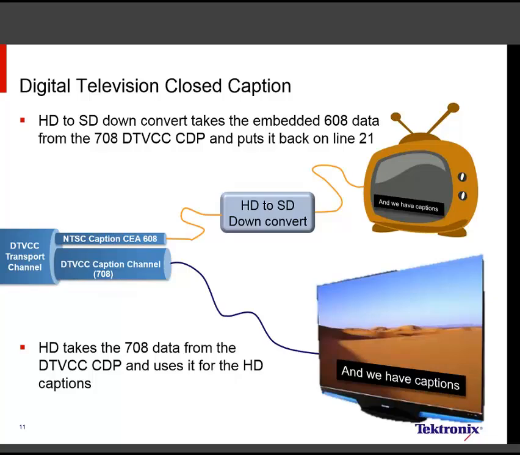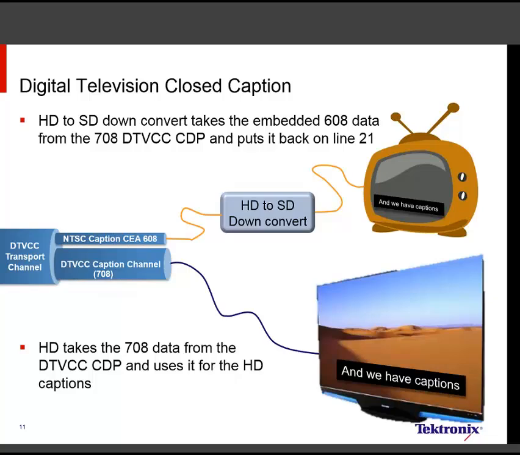The 708 captions are window-based captions where I could have up to 8 windows on the screen for a single service. The windows could be different colors, they could have different fonts in them, and they could be placed anywhere on the screen. It was too hard to try to take that and down convert that to a 608 payload that we could reinsert on line 21.